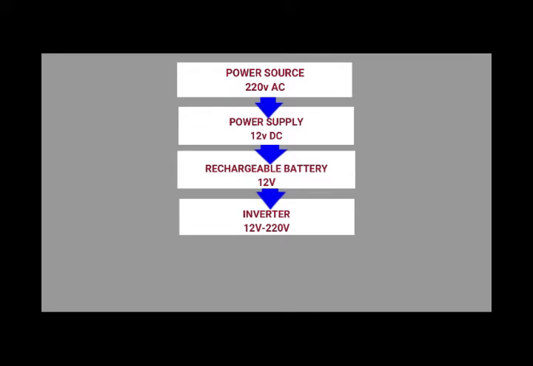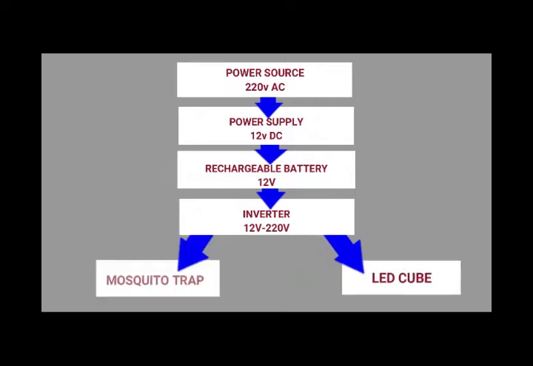There are two possible options for the users to use the device. Users can switch to option 1 where users can use the LED cube only and can switch to option 2 where users can use mosquito trap only.